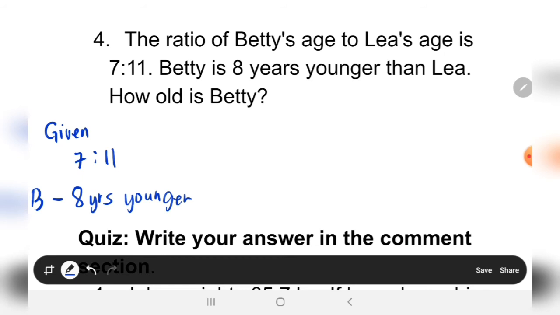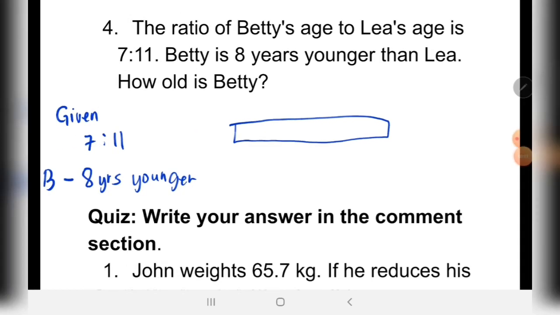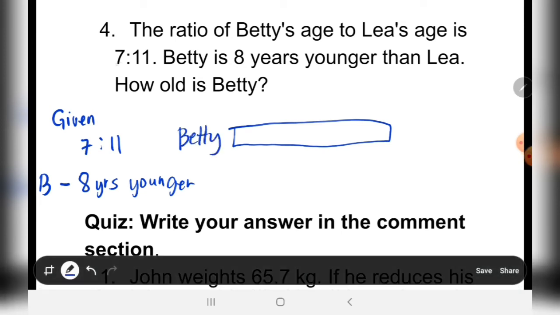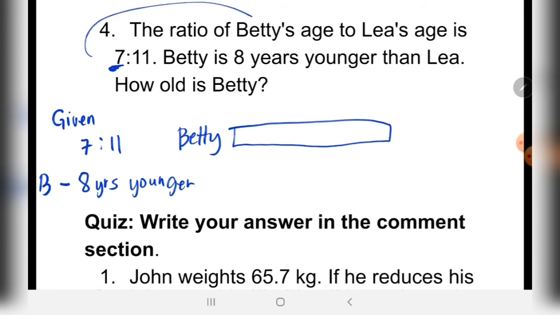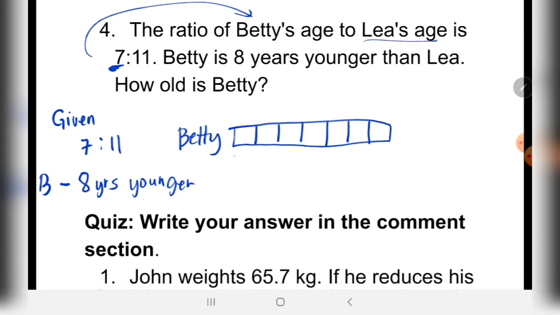Now we can construct a bar model for Betty and Leia. This is for Betty. Betty has 7 units: 1, 2, 3, 4, 5, 6, 7 units. And then Leia has 11 units.